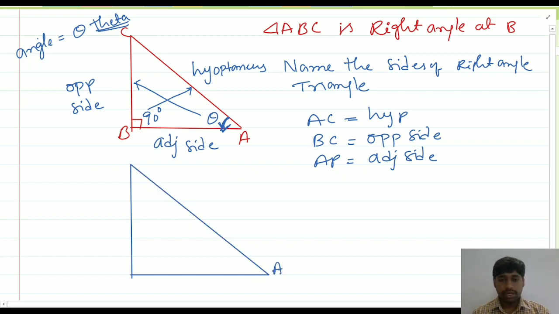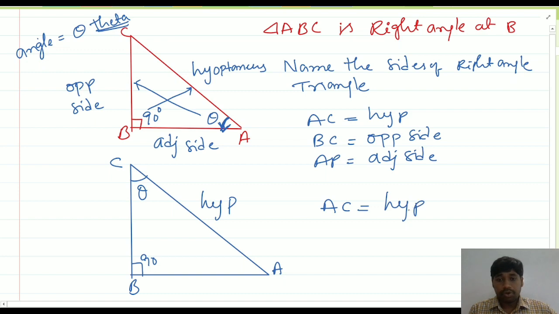This is A, this is B, this is C. Same triangle, but this time the angle is present at C. As we know, the side opposite to the right angle is the hypotenuse, so AC is still the hypotenuse. The side opposite to angle C is the opposite side. Now the opposite side has changed: AB is called the opposite side.